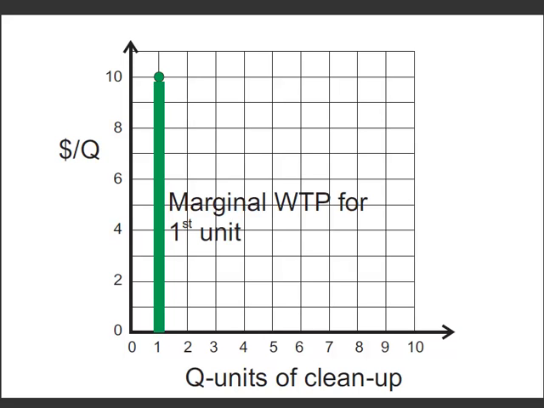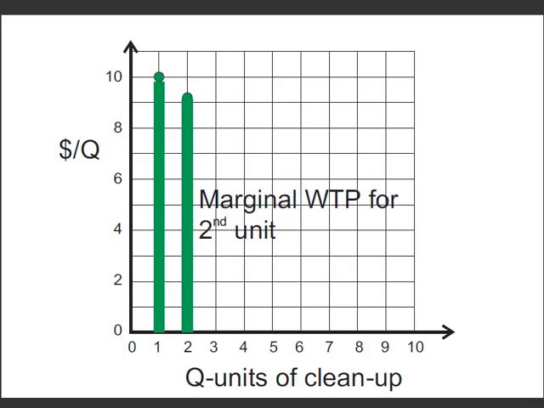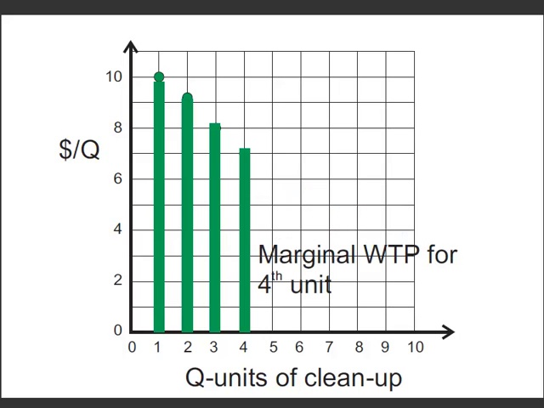We call the height of each of these points the marginal willingness to pay for an incremental unit. So, for example, the height of the first point that we drew was the marginal willingness to pay for the first unit, which was equal to $10. The marginal willingness to pay for the second unit was $9, third is $8, and the fourth is only $7.